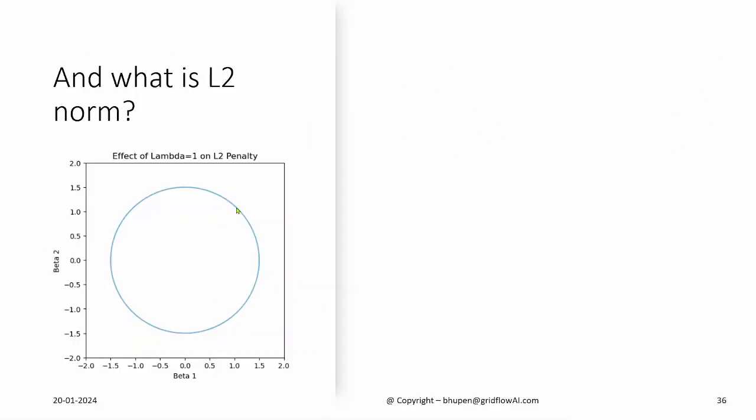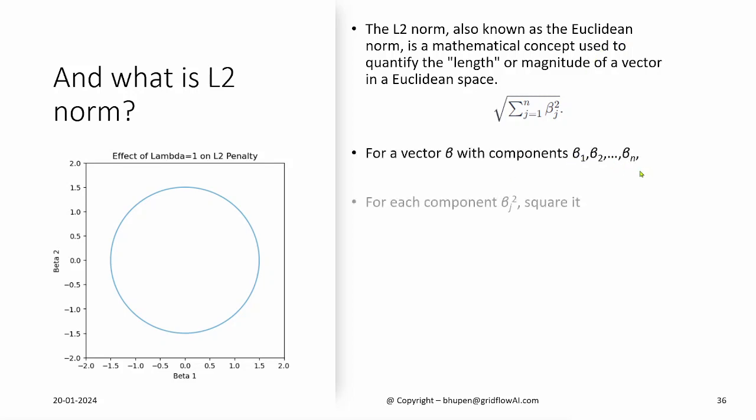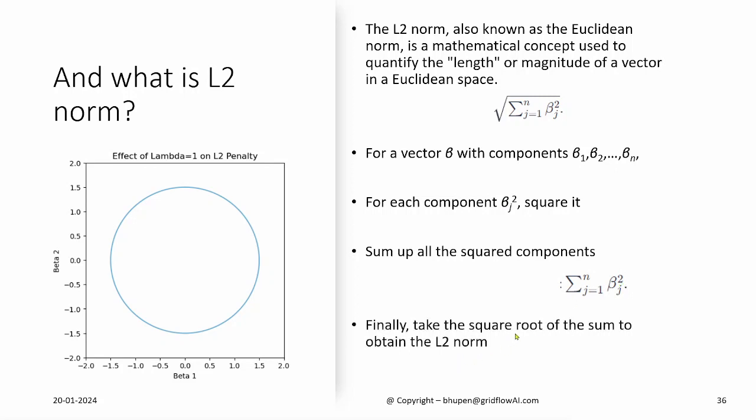Now, what about the L2 norm then? The L2 norm is the Euclidean norm, which is basically based on the square of the coefficients. So simply it is expressed as the square of the coefficients, then you take a square root, similar to the Euclidean norm. Let's say you have beta 1, beta 2, beta n, and then square each of the terms, sum them up, and take the square root, and that's going to give you the L2 norm.